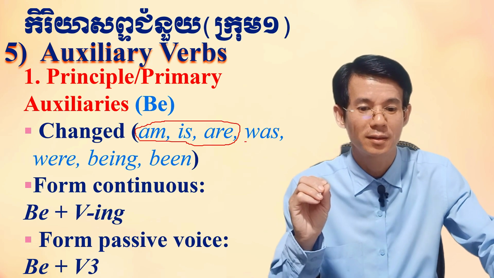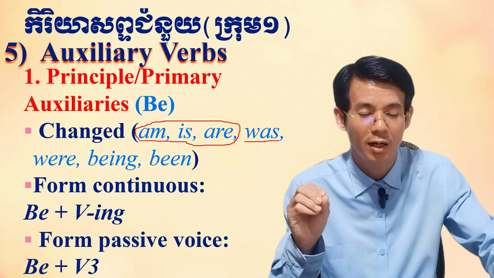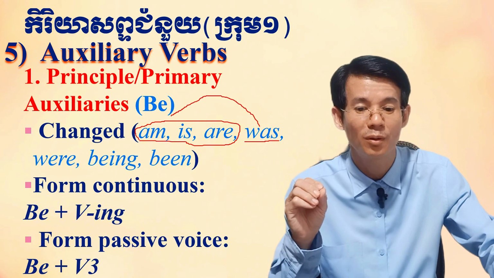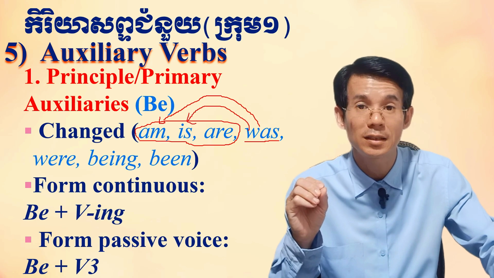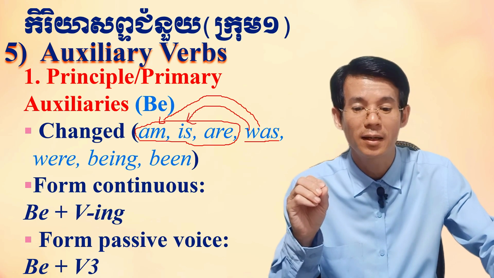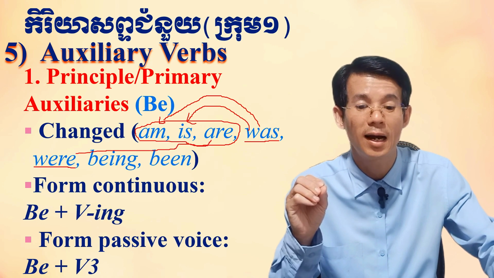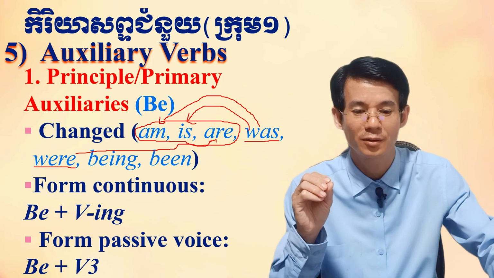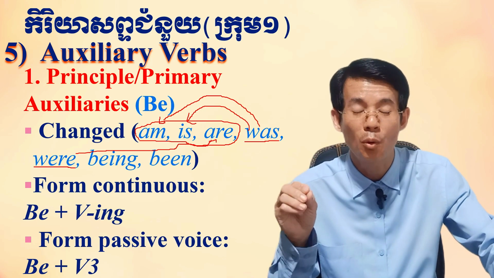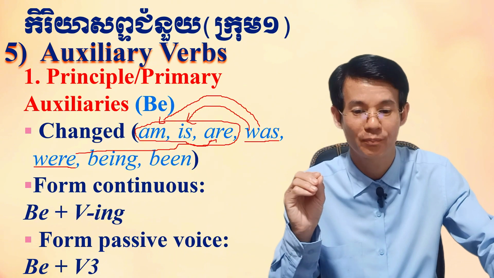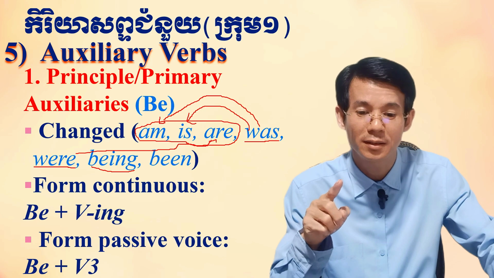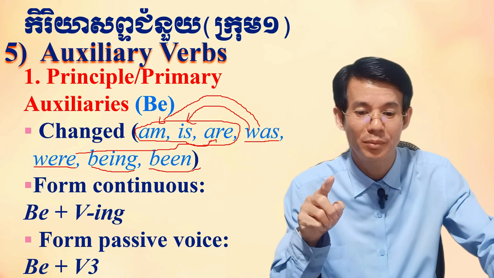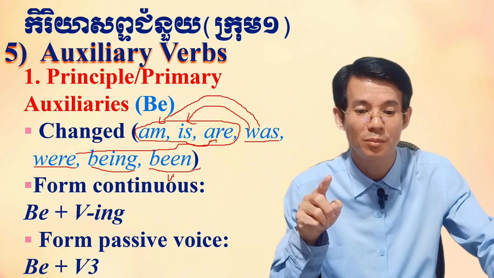In the past, they have to be changed to was and were. Was is the past simple of am, and also the past simple of is. And were is the past simple of are. So was and were both are in past simple. Being is verb be plus verb-ing, and been is verb 3, the past participle of the verb be.